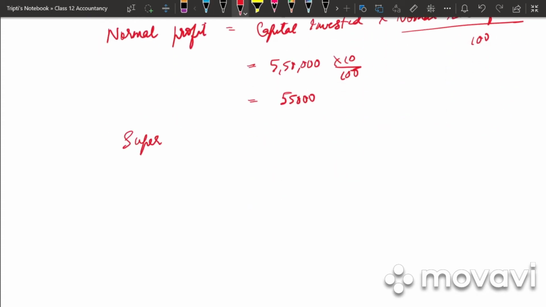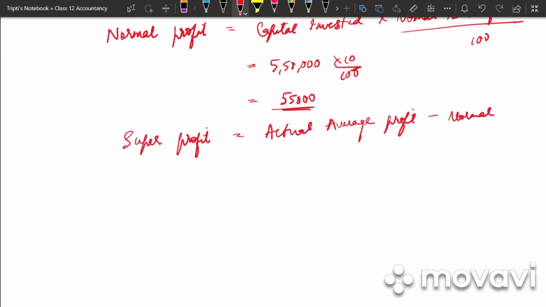After normal profit, we need to find out the super profit. Super profit is nothing but actual average profit minus normal profit. So actual average profit we got as 65,000 minus 55,000. We get 10,000.